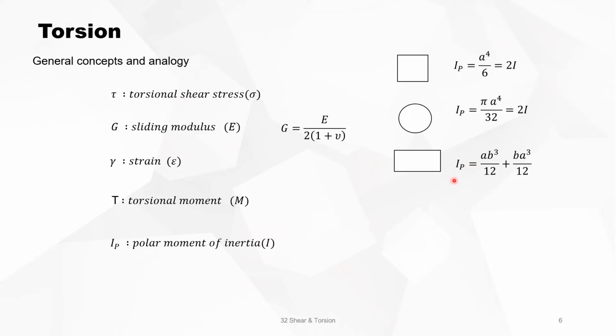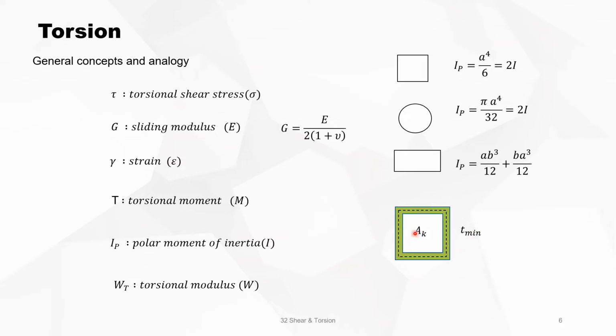You have the polar moment of inertia for a rectangle. It's ab to the power 3 divided by 12 plus ba to the power 3 divided by 12. It looks like you have 2 axes, and about those 2 axes you have the normal moment of inertia, and you add them up. So that explains a little bit where the 2 is always coming from. And then we have the torsional modulus, WT.